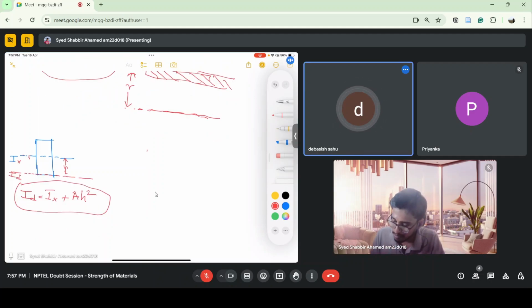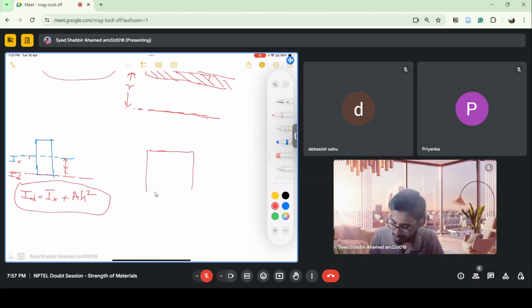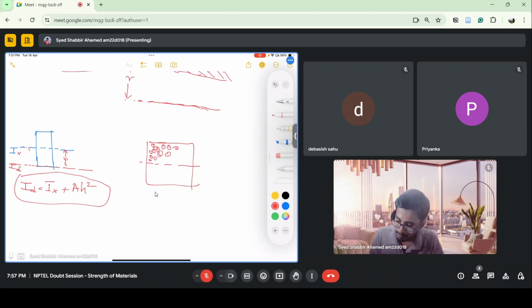Radius of gyration is something like this. I have this square, right? Moment of inertia is nothing but A into r square. So I take small elements like this, and these are present at some distance from the axis, some r.